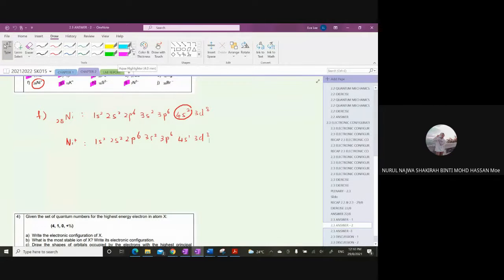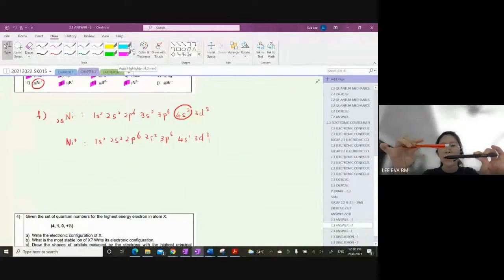Yes, madam. Okay. So jawab balik soalan tadi, boleh ke madam saya tulis 3D dulu sebelum 4S? Boleh, tak ada masalah. Tapi madam akan encourage, nak senang, kalau awak punya 3D belum penuh lagi, then I put 3D upward first.